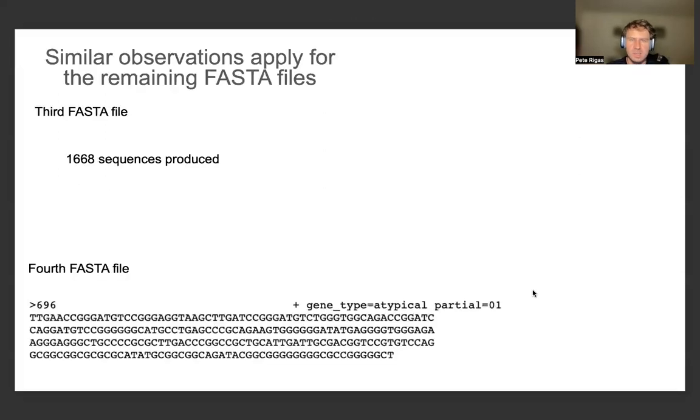And then we can obviously anticipate that similar observations apply for the remaining FASTA files. For the third FASTA file, there are around 1,700 sequences produced.